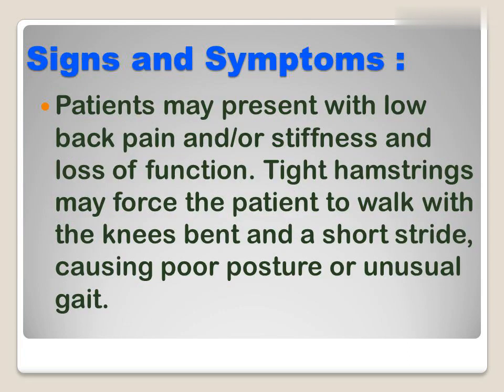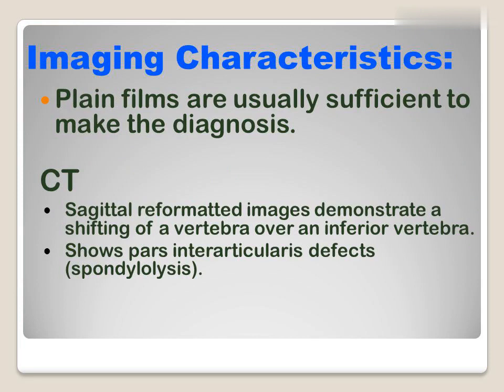Signs and symptoms: patients may present with low back pain and/or stiffness and loss of function. Tight hamstrings may force the patient to walk with the knees bent and a short stride, causing poor posture or unusual gait. Imaging characteristics: plain films are usually sufficient to make the diagnosis.